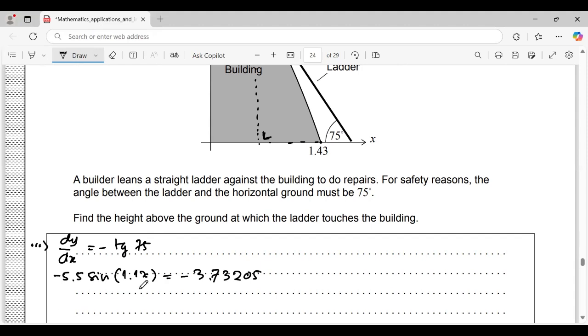So sine 1.1x equals minus 3.73205 over minus 5.5.